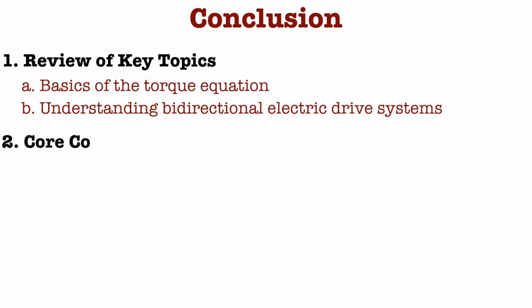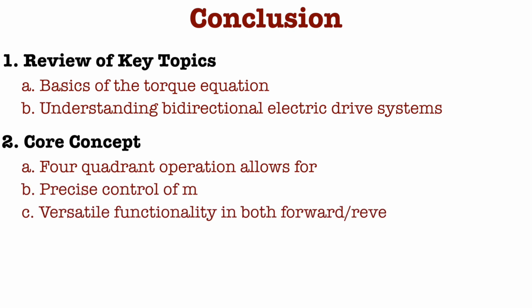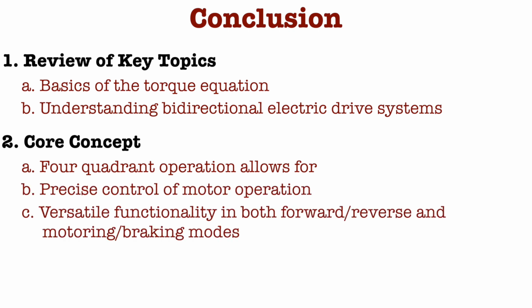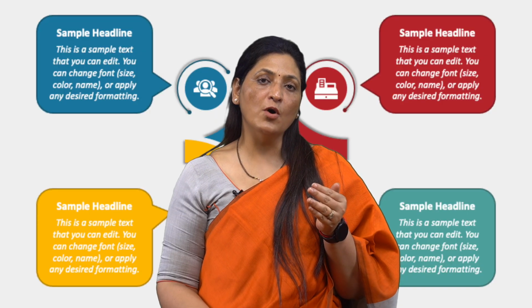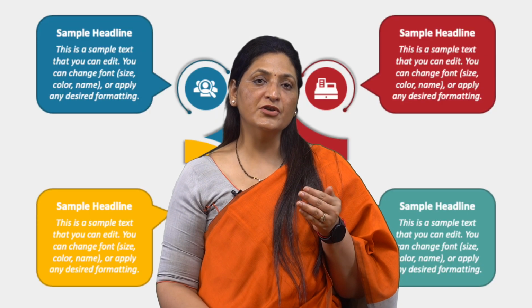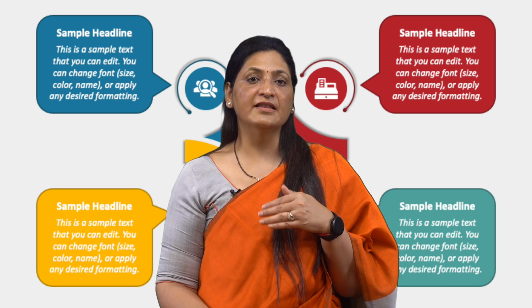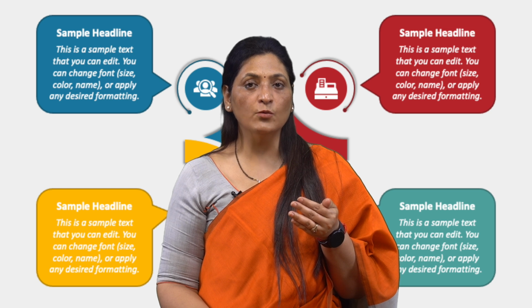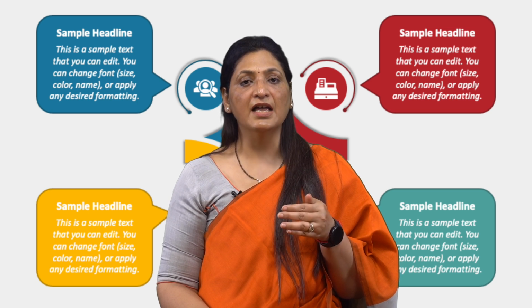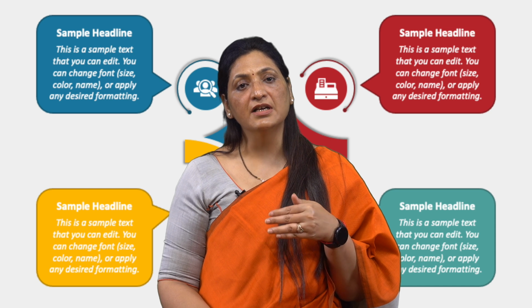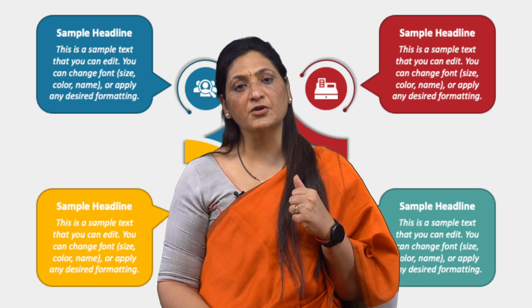We then delved into the core concept of the 4-quadrant operation, exploring how this capability is integral to modern drive systems, allowing for more precise and versatile control of the motor operation. We also discussed the importance of 4-quadrant operation and its industrial significance, its technical components that make these operations possible, including converters and controllers, and how they work together to achieve seamless transitions between different operational modes.